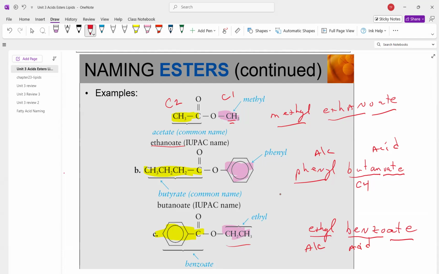So it's going to be methyl. And then you name the acid, a 2-carbon acid primary backbone. A 2-carbon acid start, so that would be ethanoate.